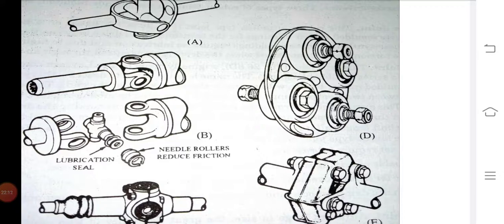The layrub joint is capable of driving through bump angles up to near about 15 degrees, and it allows for the axial movement required for the splining of the shaft. So these are the advantages.